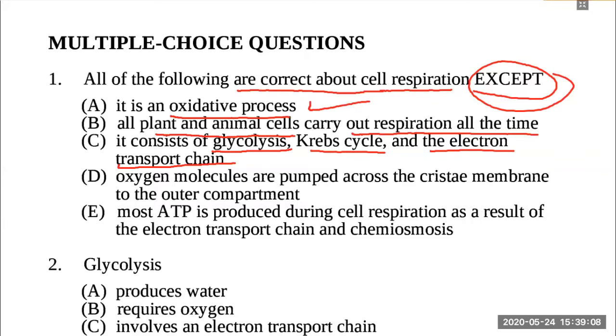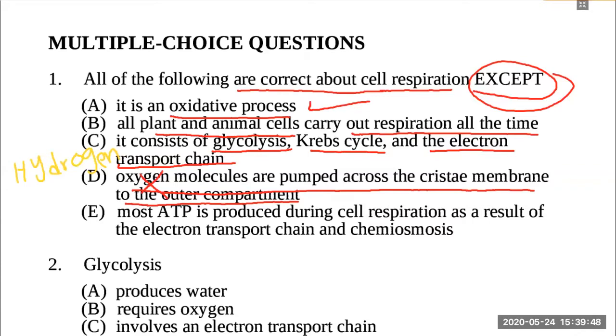Oxygen molecules are pumped across the cristae membrane to the outer compartment. Oxygen molecules are not pumped, but instead of oxygen, we have hydrogen. We have to know that hydrogen atoms are pumped across the cristae membrane in order to make a gradient, in order to make the flow of hydrogen ions through a protein channel which we call the ATP synthase.